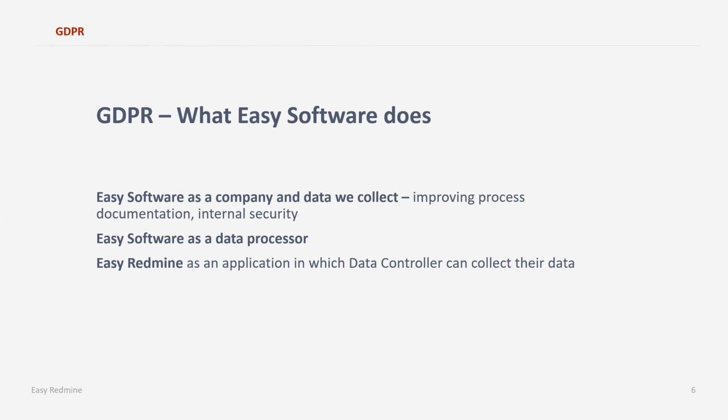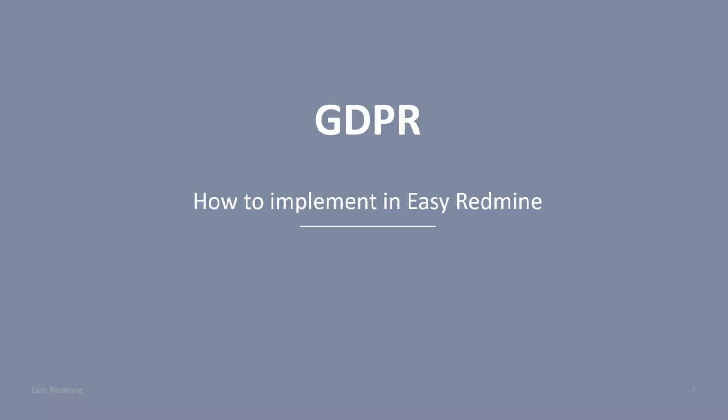So if you need to sign a data processing agreement with us, we are ready to do that. There are also some updates coming on the web page with terms and conditions about our process, how we treat your data and so on. And the major topic today is Easy Redmine as an application which can be used to collect and hold the data.